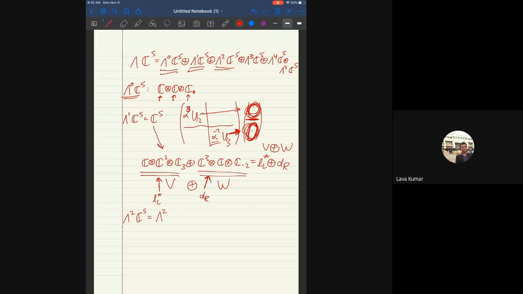Okay, so lambda 2 of C5 will break up into lambda 2, the two forms over the vector space V plus W. And now you can convince yourself that the two forms over the direct sum of two vector spaces like this can be rewritten as the two forms over V plus the two forms over W plus V tensor W. So now you just have to work out what each of those three components are.